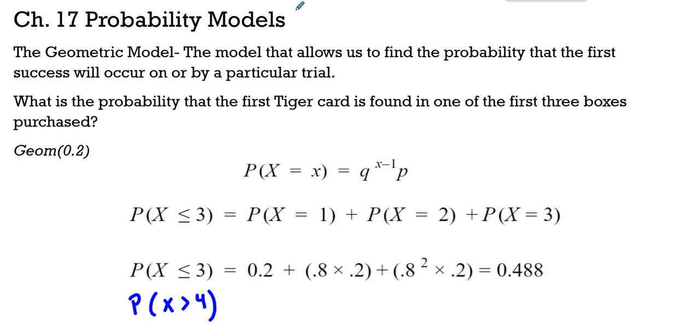We would find the complement and say 1 minus the probability of x is less than or equal to 3, and everything else would be 4 and up. So we would find that. It's about 0.512.